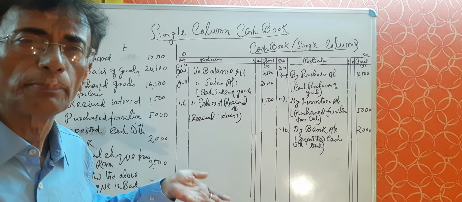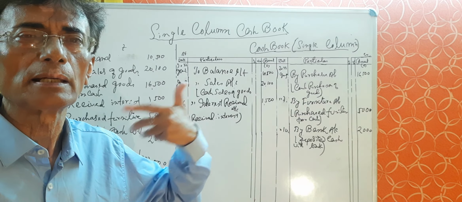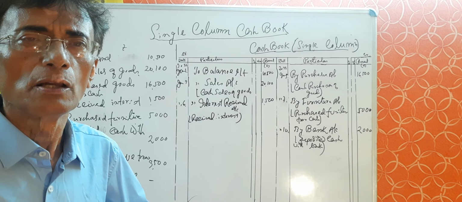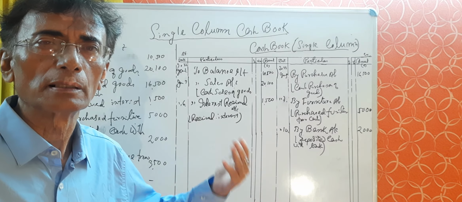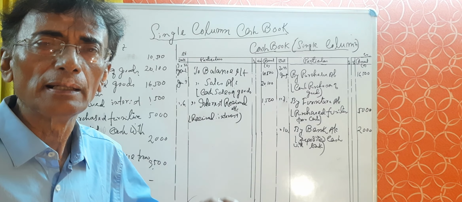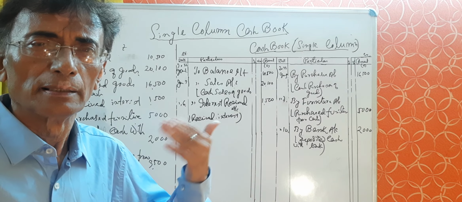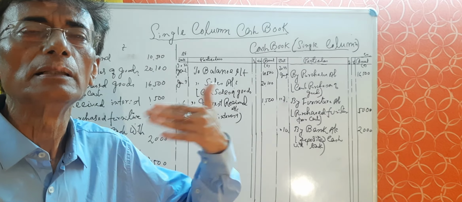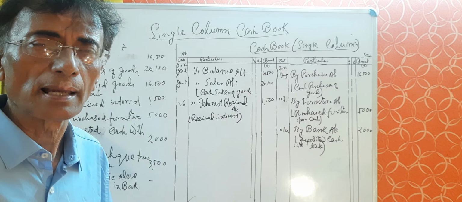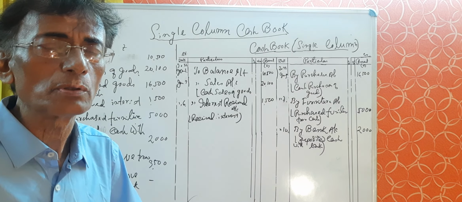You can simply put it at the debit side of the cash book, the check, and when the check is deposited into bank, we should write in the credit side of the cash book with the heading by bank. So you can accommodate the check transaction in the single column cash book if the situation demands. Here in this case, as it is given in the problem, I can show it in the single column cash book, no harm.